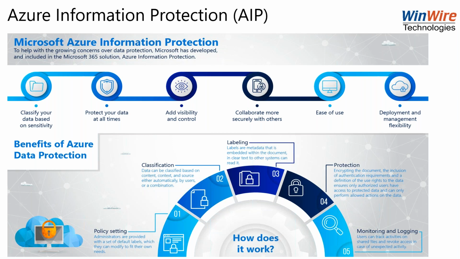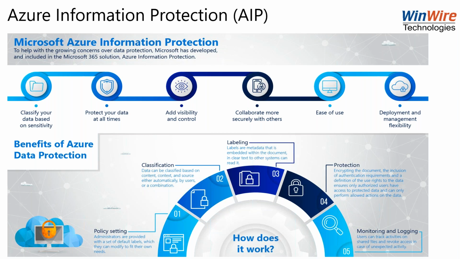And what is the next step? Once you start classifying, the next step is making sure that everybody is on the same page. So you start labeling them, right? So you start labeling them as a second step. Then the third step in this process is protection. So you start protecting data.